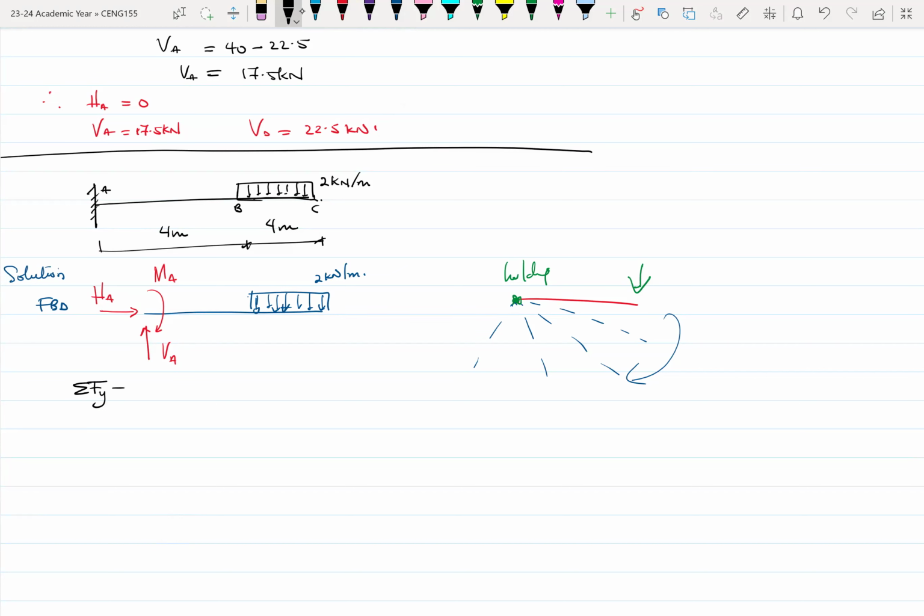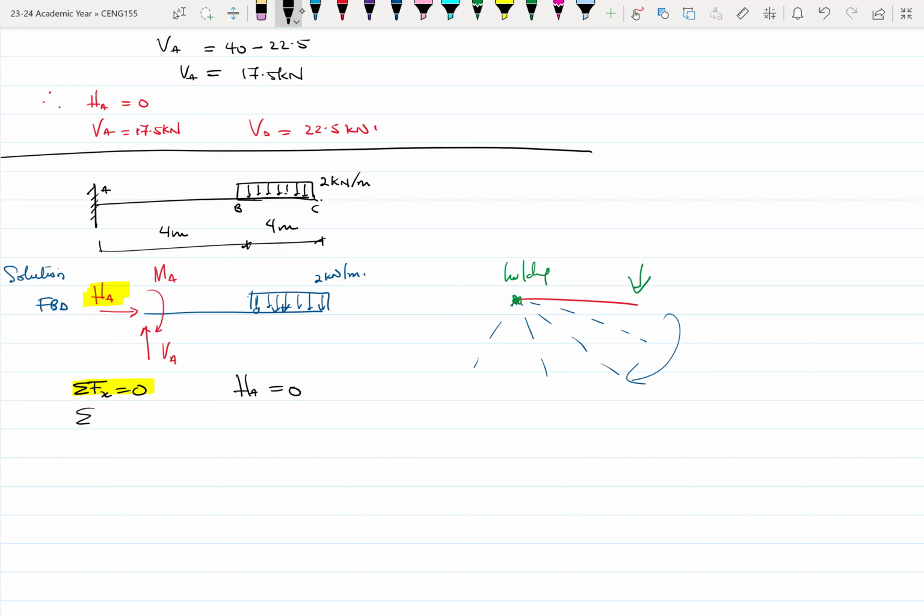You sum all of them, and there's only one horizontal force, HA. So in this case, our HA is 0. Again, HA is not always 0. It's not cast in stone. It depends on the loads that we have.